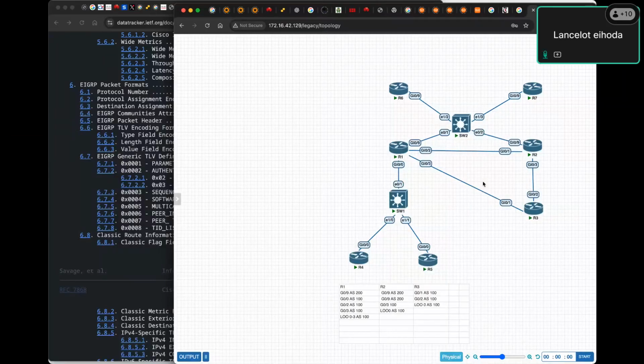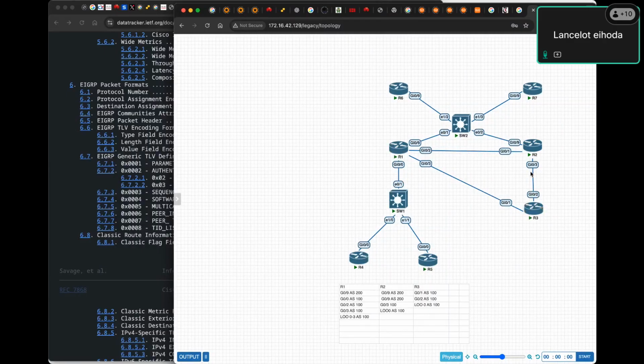So that dot 23 we are referring to is actually between routers 2 and 3. That's the dot 23 network, right? So router 1 here is saying, I can get to it through my G0/2 or through my G0/3.